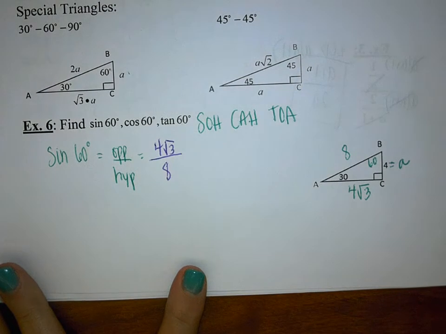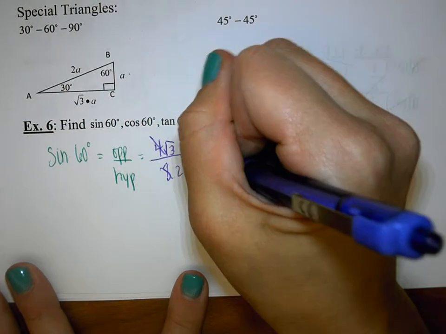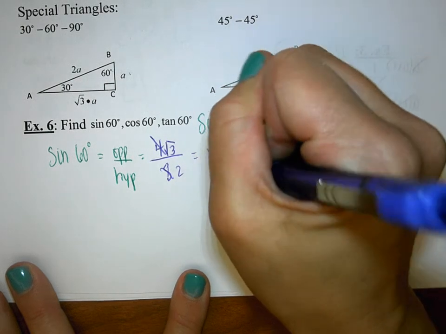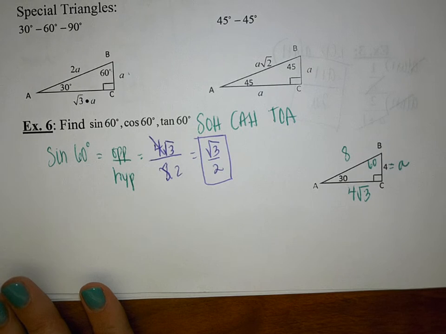And can I reduce anything? So we end up with root 3 over 2 for the sine of 60. Okay.